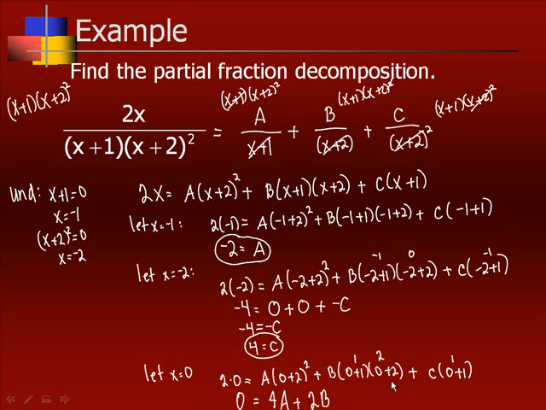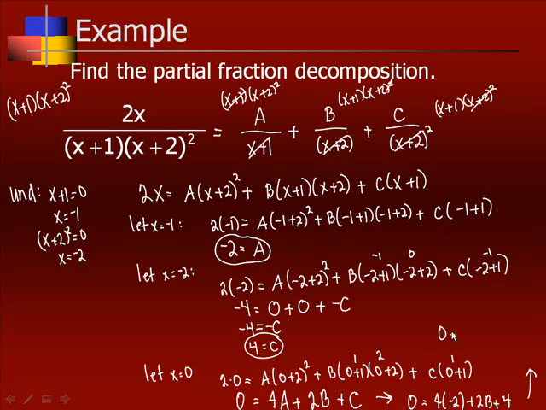0 plus 1 is 1, and 1 times C is C. Now we know A and C, so we get 0 equals 4 times negative 2 plus 2B plus C, which is 4. I ran out of room, haven't I?